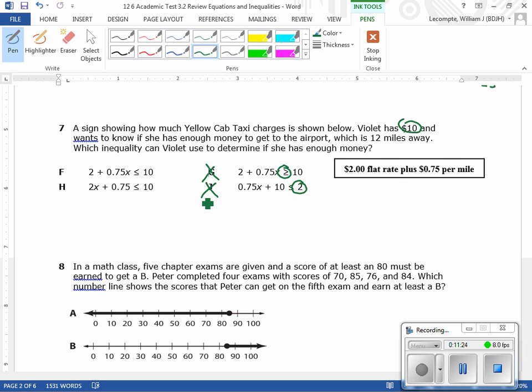That's basically what it looks like. And for some reason I have a 2 plus 0.75x and a 2x plus 0.75. So if I was going to think right off the top of my head, I would think that F would be the answer.